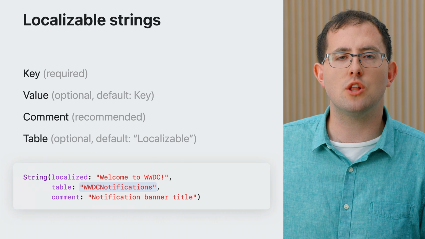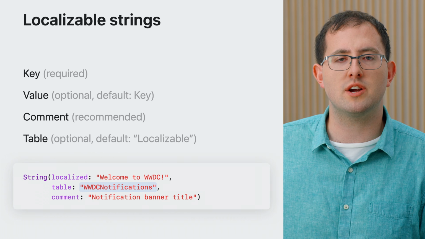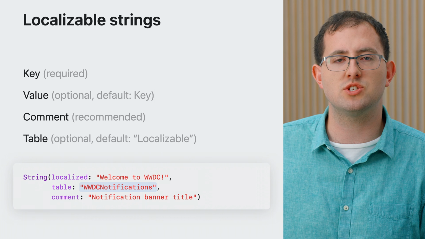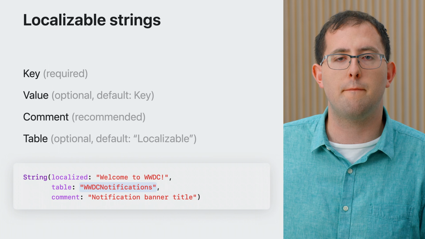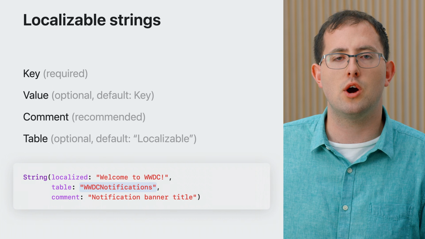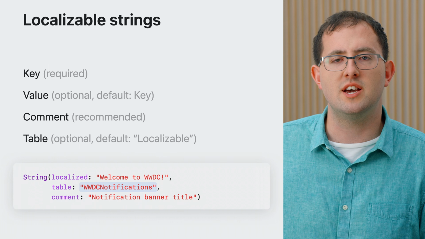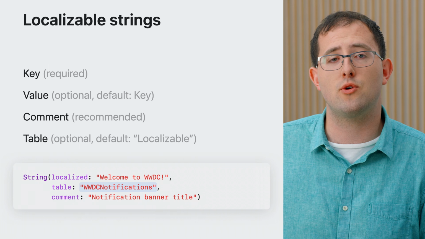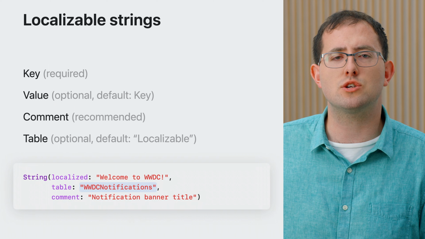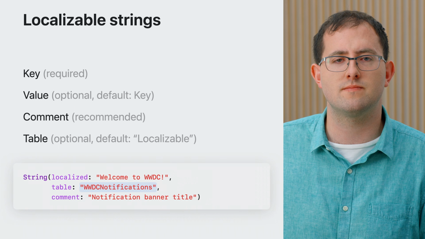Finally, each localizable string belongs to a string table, which corresponds to one or more files in which translations will be stored. By default, strings from code are placed in the localizable table, but that can be customized if you'd like to organize your strings some other way. Let's take a closer look at string tables.